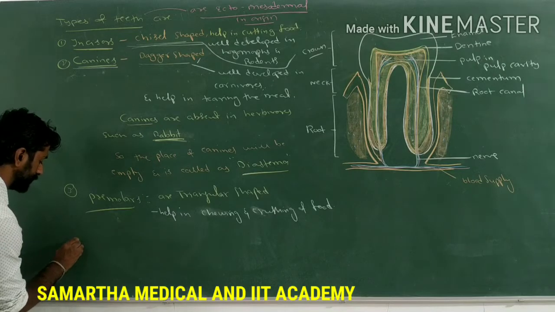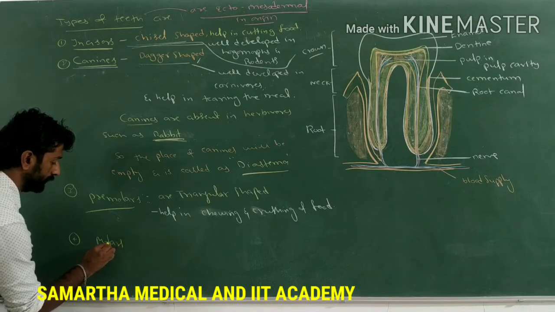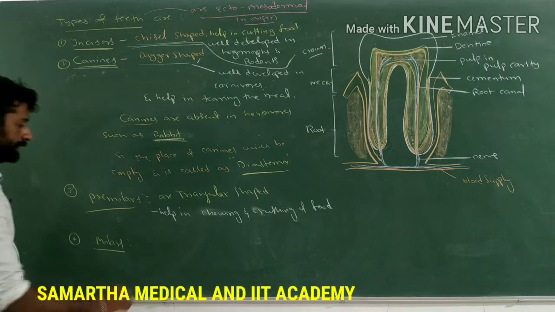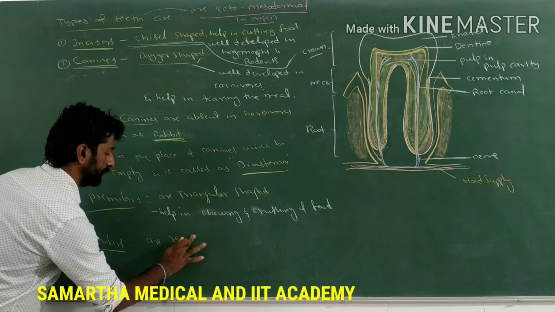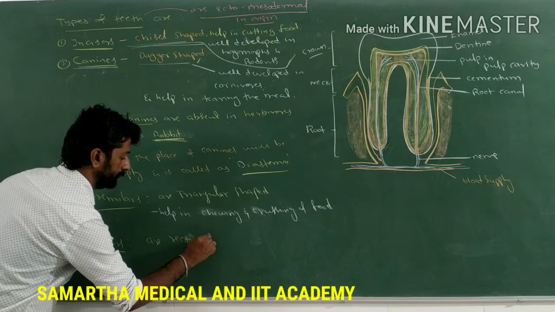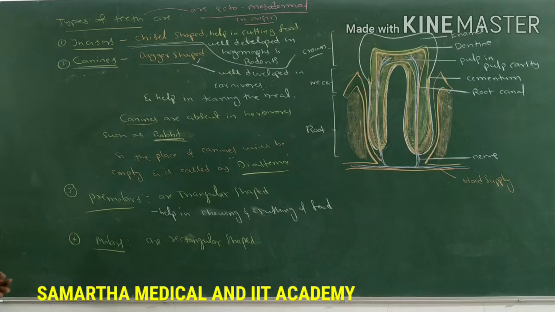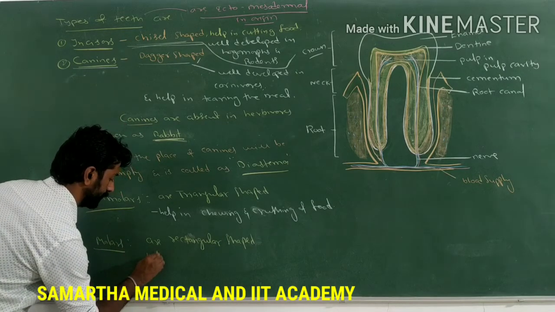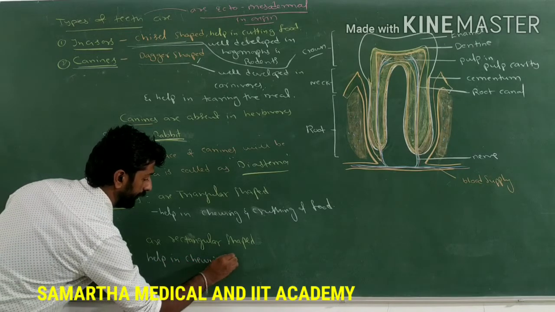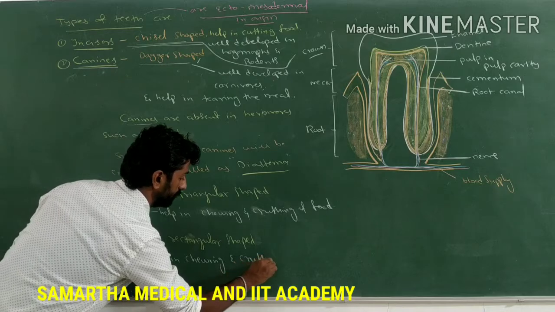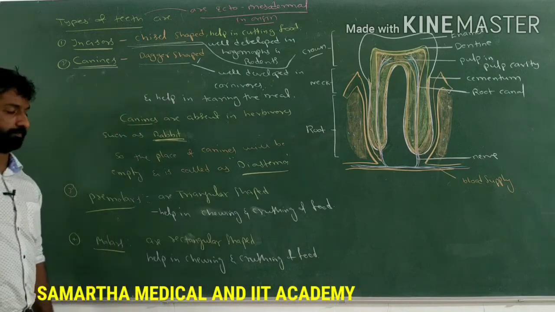Similarly, the last type of teeth, or the fourth type of teeth, molars. What is the shape of molars? These molars are rectangular in shape, and they also help in the chewing and crushing of food, to help in the mastication.